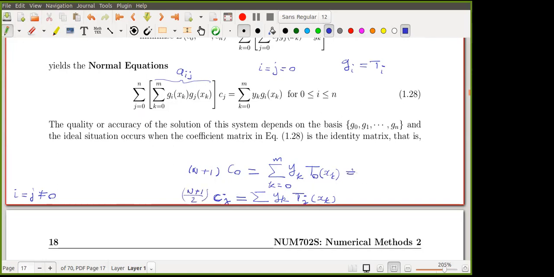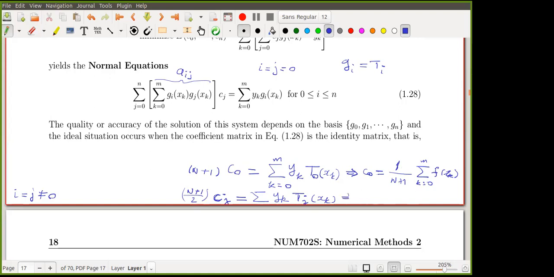So we can get directly here that c_0 will be 1 by n plus 1, and then we have the sum running from 0 to m of y_k, where y_k is f of x_k. You can replace that by f of x_k, obviously, if you are approximating a function f, right?